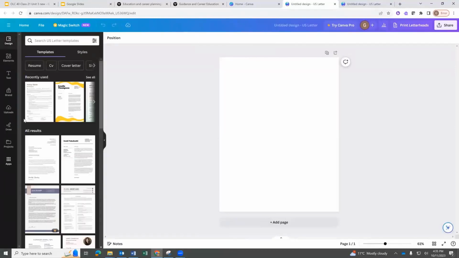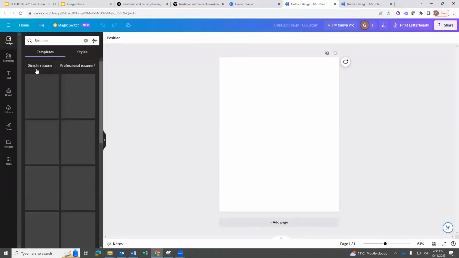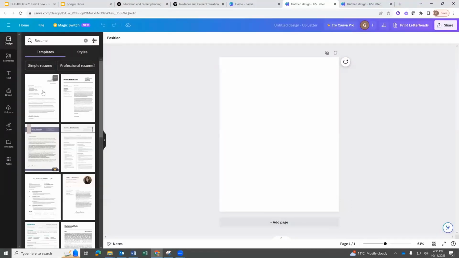Okay, so now you can see what has come up is some different templates. Don't worry about the US letter templates thing. Canada uses the same type of letter system, so that's fine. I'm going to hit resume, and you can see some things come up.